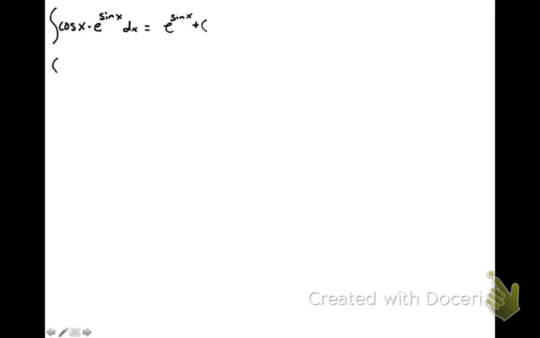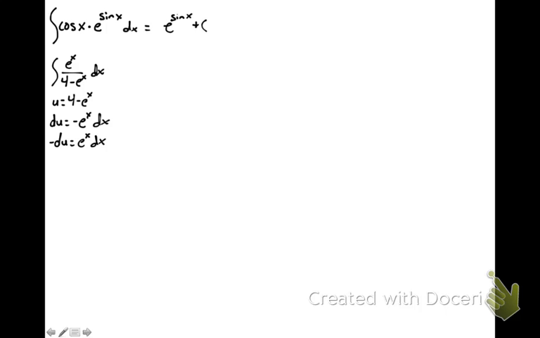What about the integral of e to the x over 4 minus e to the x dx? Well, if I let u equal 4 minus e to the x, then du equals negative e to the x dx, or negative du equals e to the x dx.